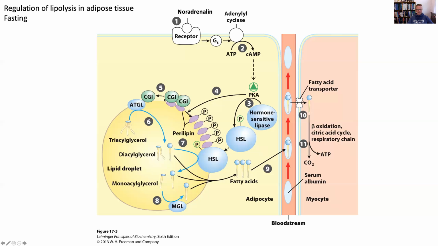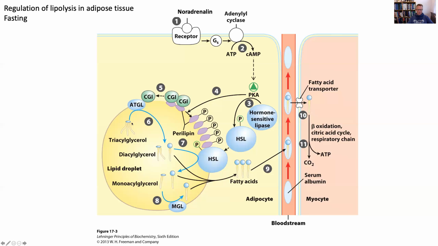CGI normally sits or interacts with perilipin, where it's kept controlled. But once the perilipin is phosphorylated by protein kinase A, perilipin will release CGI, which will allow CGI to interact with ATGL and thereby activate ATGL.